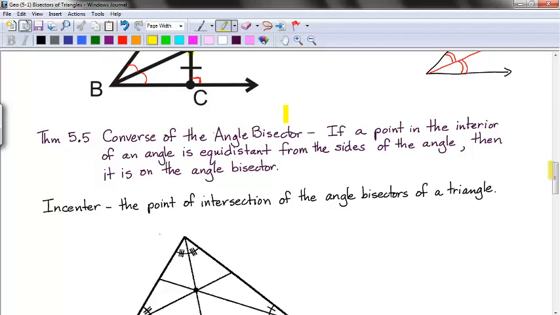Okay, the second center. The first one was the circumcenter. The second one that we're getting in this section is what they call the incenter of a triangle. The incenter is the point of intersection of all the angle bisectors. So, take this angle and bisect it. Here's your angle bisector. Take this angle up here and bisect it.